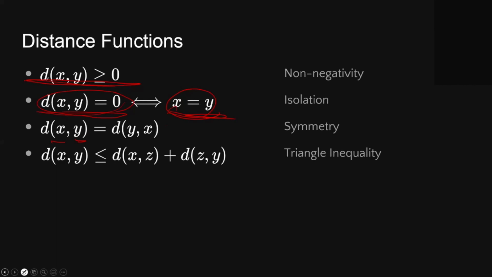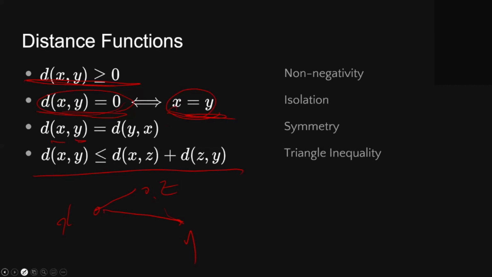And then finally, there's the triangle inequality. You've probably heard about this term. A distance function must possess this property: when you have three points x, y, and z, the distance between x and y has to be smaller than or equal to the distance from x to z plus the distance from z to y.